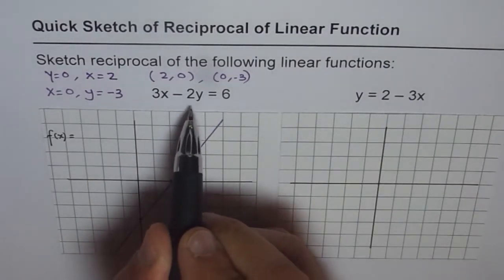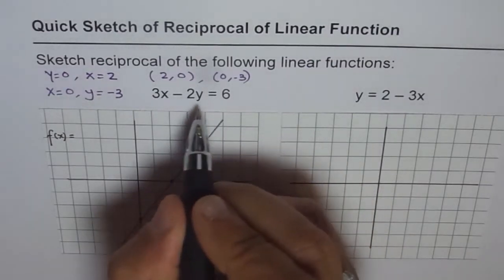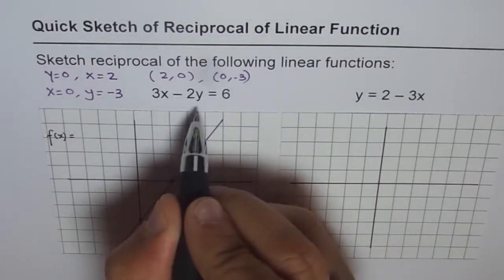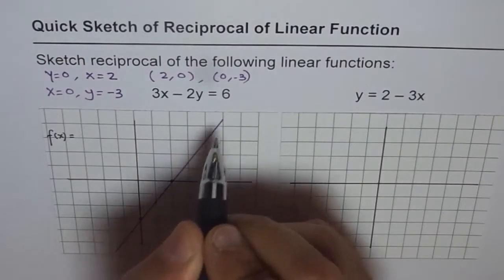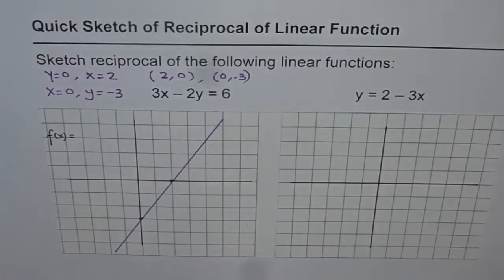So from here we can write y is equals to, we'll rearrange this equation and then we can find what reciprocal of the function is. But what we can do is, instead of even doing that, we can straight away do reciprocal from the line itself. That is what I'll teach you from this particular example.